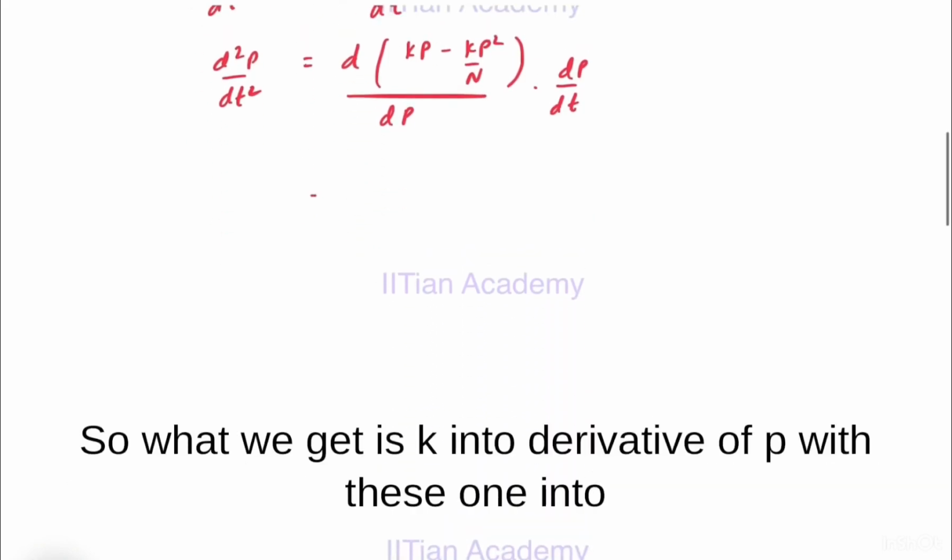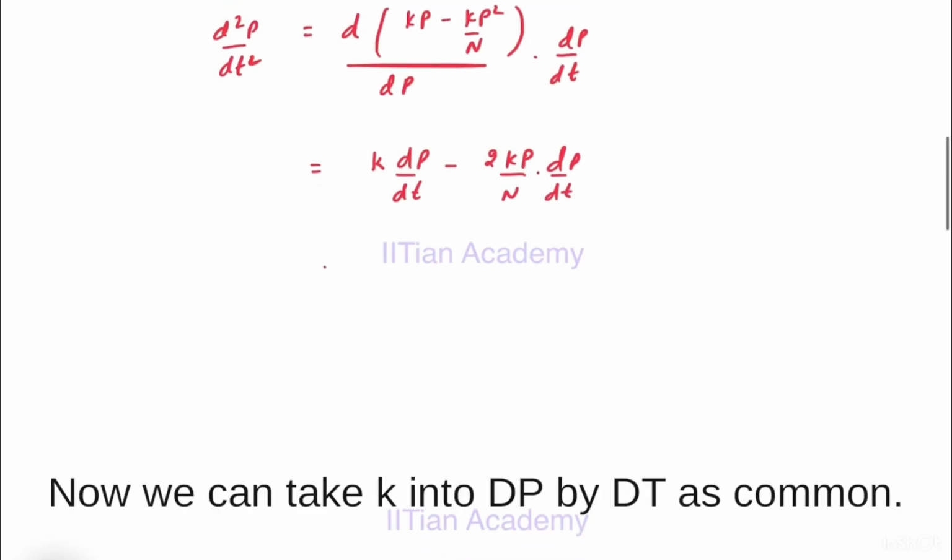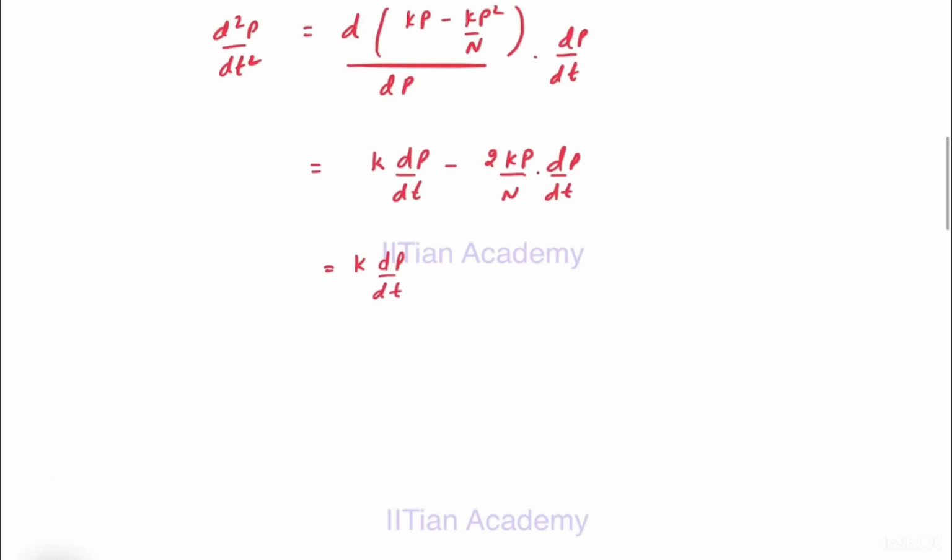So what we get is K into the derivative of P with respect to P, which is 1, into dP by dt, minus 2 times KP by N into dP by dt. Now we can take K into dP by dt as common.